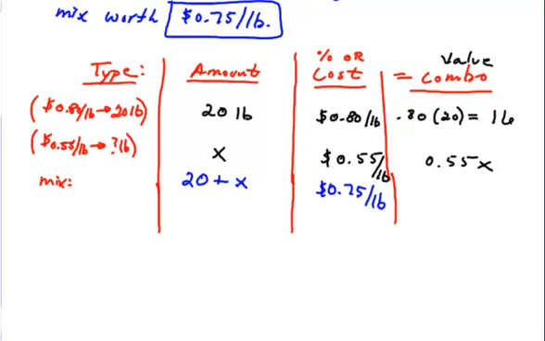What's the pattern? Let's see, the first one in the top. How do I get the 16? What do I do to those two numbers? Okay. What about the second row? The x and the 55 says, what do I do? Multiply it. What do you think I'm going to do with this row? Same thing, multiply. So 0.75 times this. And I better be careful to put parentheses around this, right? So I'm going to say 0.75 times (20 plus x).